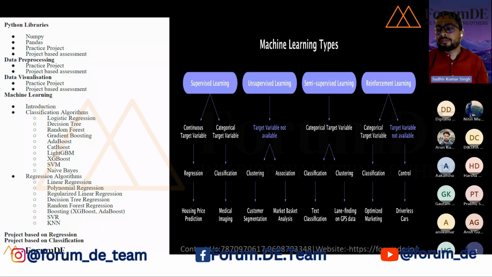You will be given some relevant live problem statement at hand, let's say identifying, based on the given data, whether that transaction is fraudulent or not fraudulent. You will be provided with many such options and you have to perform one of those projects.